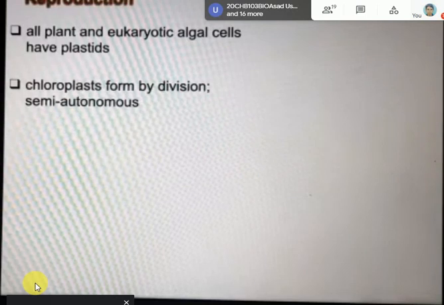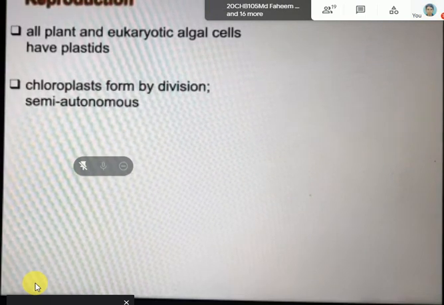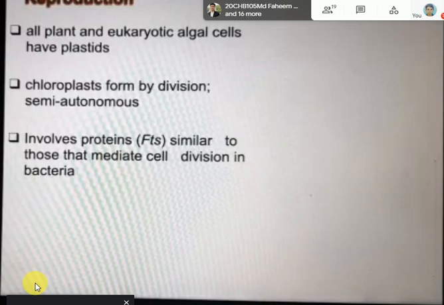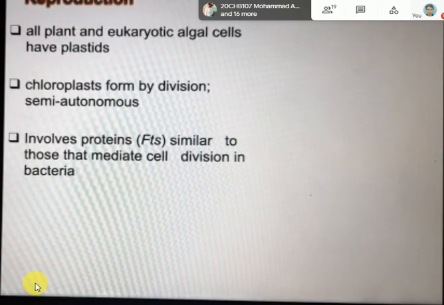Cell, then it becomes semi-autonomous. It involves the proteins, called FtsZ, which are similar to those that mediate cell division in bacteria.